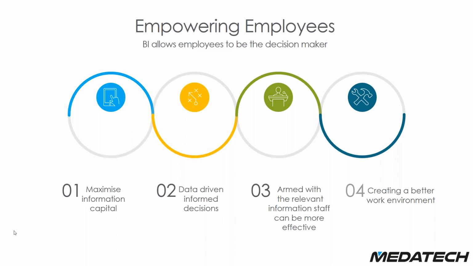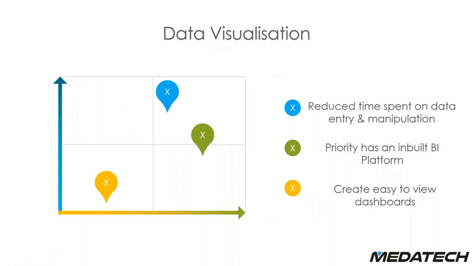A better working environment for an empowered workforce is our game. In Priority, you'll see how we can present BI information using various tools. There are configurable dashboards targeted at specific user roles, and multiple BI tools present the data in a format that can be easily interrogated with drill-down capabilities.